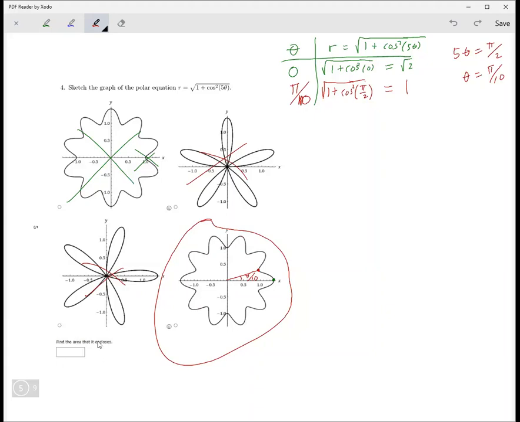Okay, so now the next thing you want to do is find the area that encloses right here. So again, we just use the area formula. The important thing is to know that this goes from 0 to 2 pi again. I'll put the 1/2 out there. And then when I square it, it's just going to be squaring this right here.